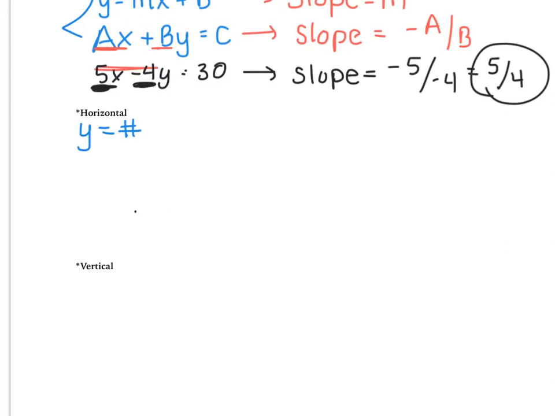So, for example, if I have the equation y equals 4, that means that all the coordinates on this line are going to have a y coordinate of 4. So my x can be anything. My y has to be 4. So I can have (1, 4), (3, 4), anything I want. Okay? So now, think about what the slope of this line would look like.